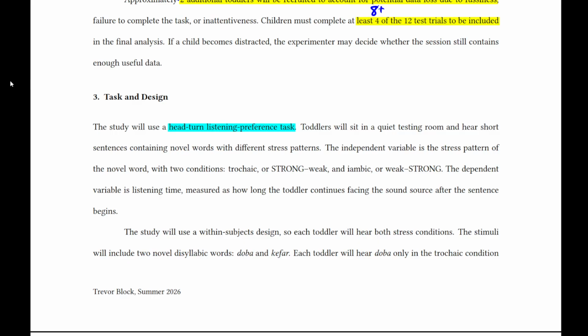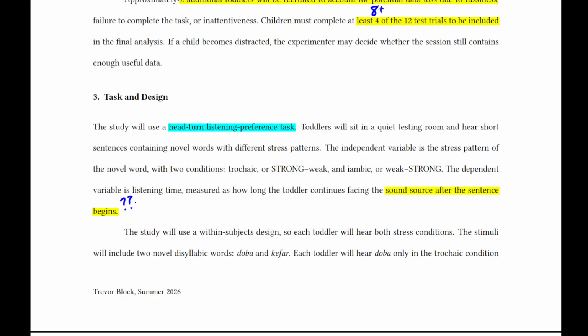Toddlers will sit in a quiet testing room and hear short sentences containing novel words with different stress patterns. Okay, the IV is the stress pattern. It's either strong, weak, or weak, strong. The dependent variable is listening time, measured as how long the toddler continues facing the sound source after the sentence begins. We do see some questionable task design here, not so much in what they're doing, but how they're measuring it.